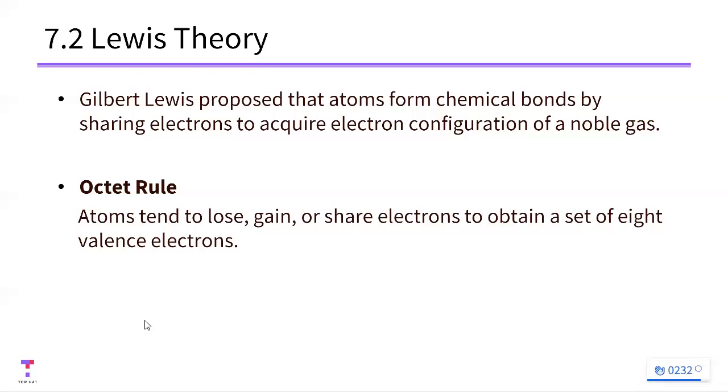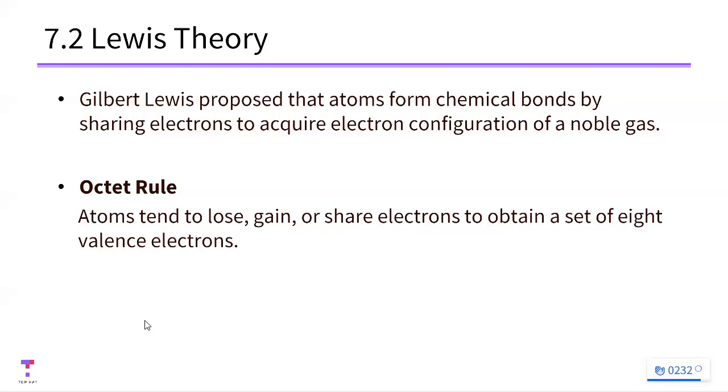Now, the first 2 processes, gaining or losing, involve the formation of an ion. Because if I'm gaining or losing electrons, it's going to put my balance of protons and electrons out of balance, and I'm going to have more of one than the other, which means it's no longer a neutral atom. It's going to be some kind of ion.